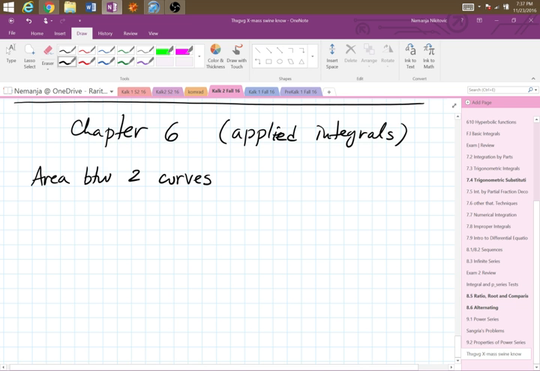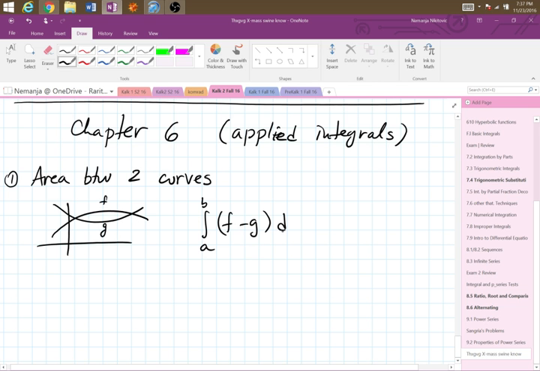So we have area between two curves. So that's going to be, I know it's 6.2. I'm not going to remember all of those. So area between two curves, you have two functions that create the region between, whose integral from a to b of top minus bottom dx, and this a and b are where they intersect.